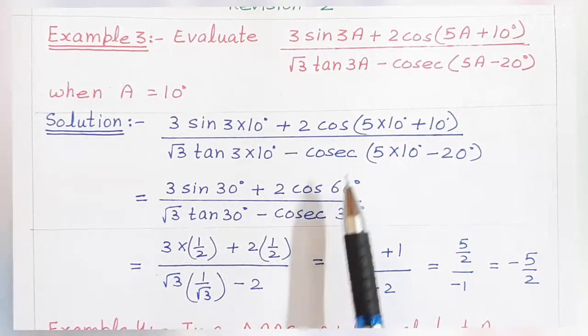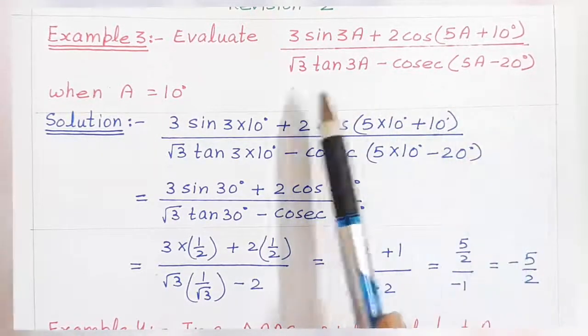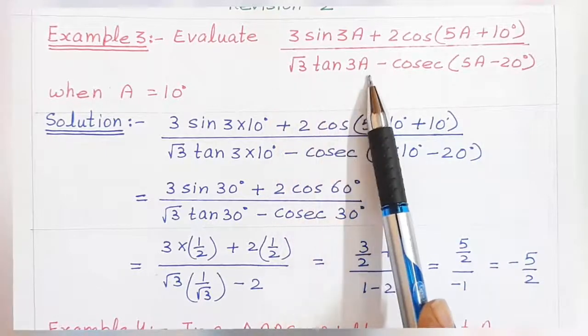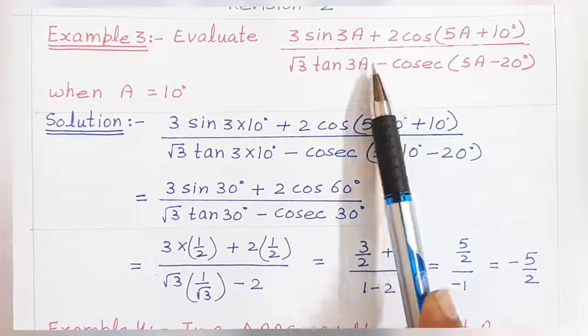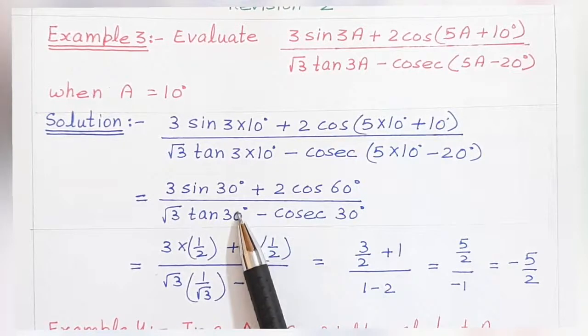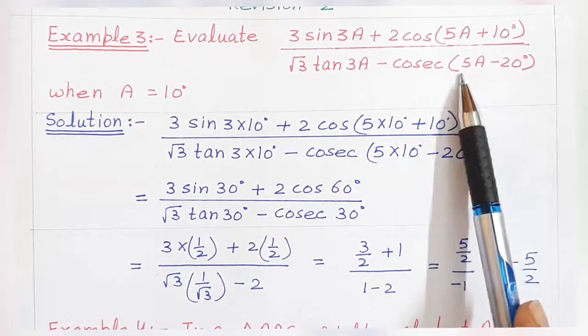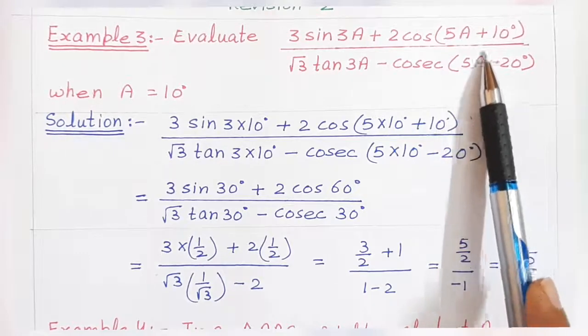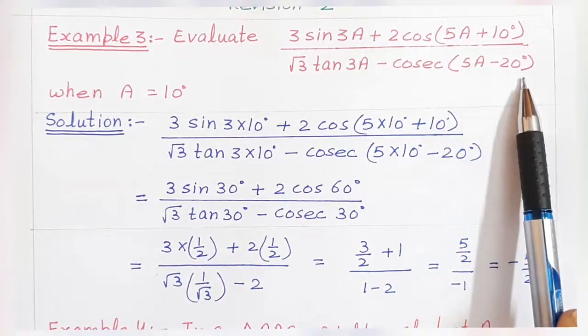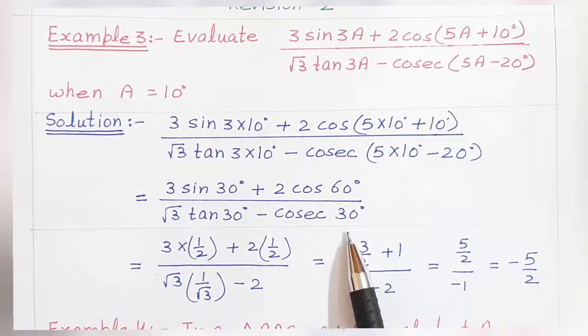Clear? Now see in the denominator, root 3 tangent 3a. Now a is 10. So 3 into 10 is 30 degree. Similarly, 5a. Now 5 into 10 is 50. 50 minus 20 is 30 degree.